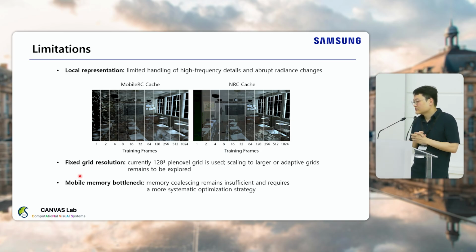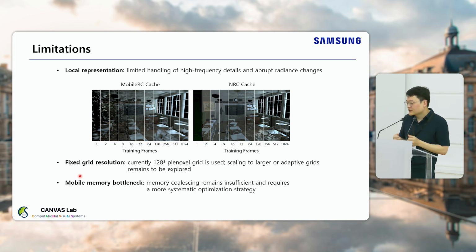Also, we use a fixed grid resolution, so we still need to explore scaling up to larger scenes. Also, we didn't fully address memory coalescence. It requires more systematic approaches to solve this problem.